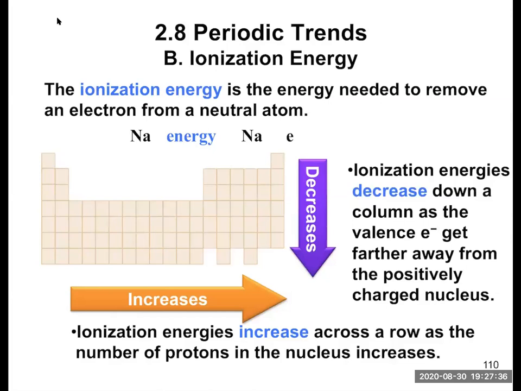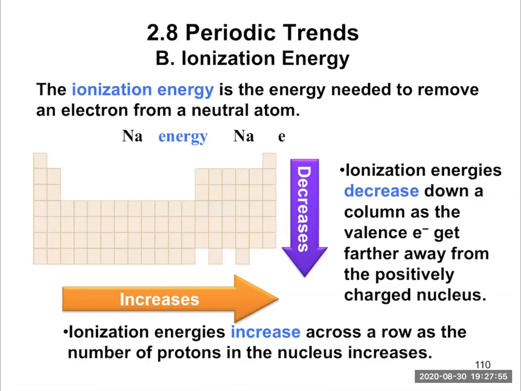Think of it that way. It's going to decrease as you go down the group, but it's going to increase as you go across the periodic table. It's the opposite of what we had with the atomic radius. You want to make sure that you know that it's the opposite, and you're going to be asked questions similar to that.